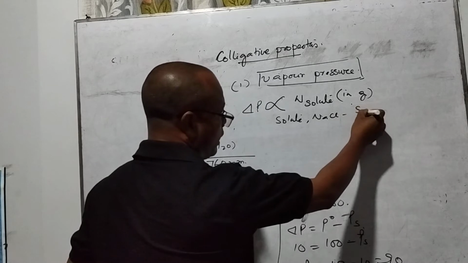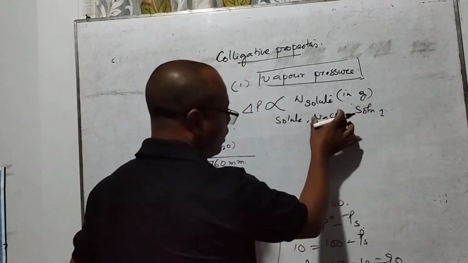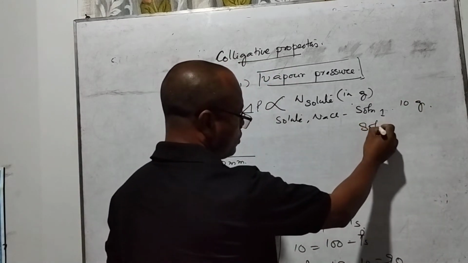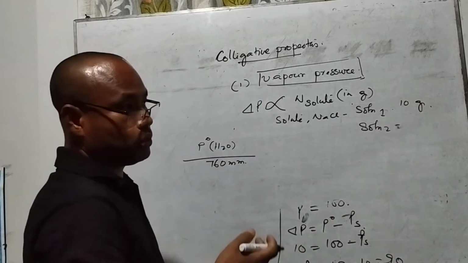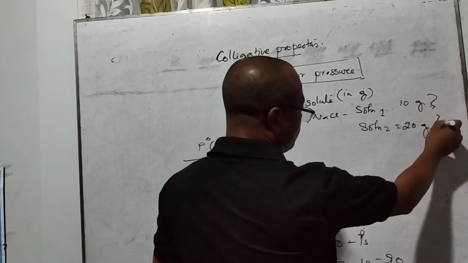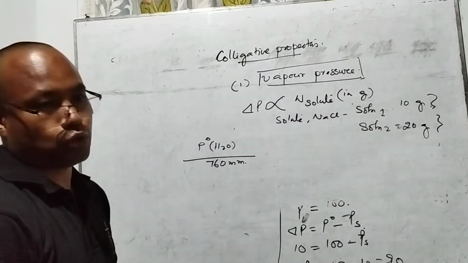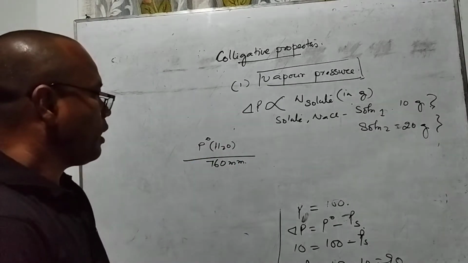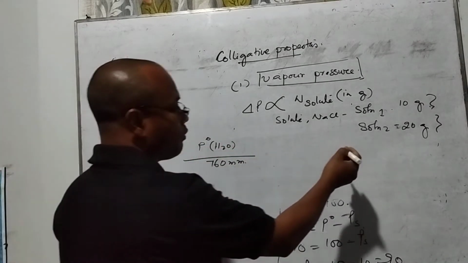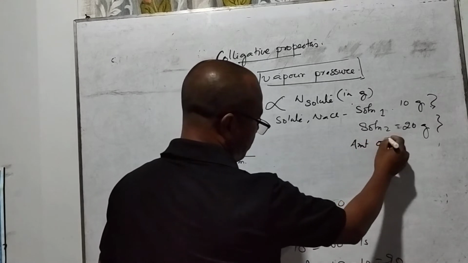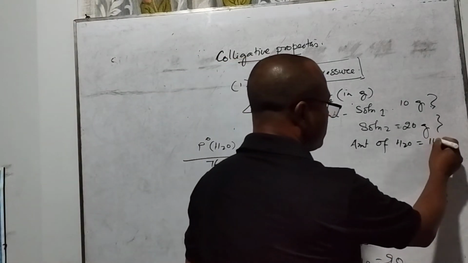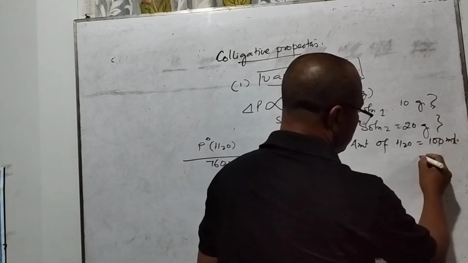We have two solutions. In solution 1, how much sodium chloride do we take? 10 gram. Then in solution 2, when I prepared it, how much sodium chloride did we add? 20 gram. See, the amount of sodium chloride is different in the two solutions. But the amount of water I took is the same in both solutions, 100 ml, and here also 100 ml.